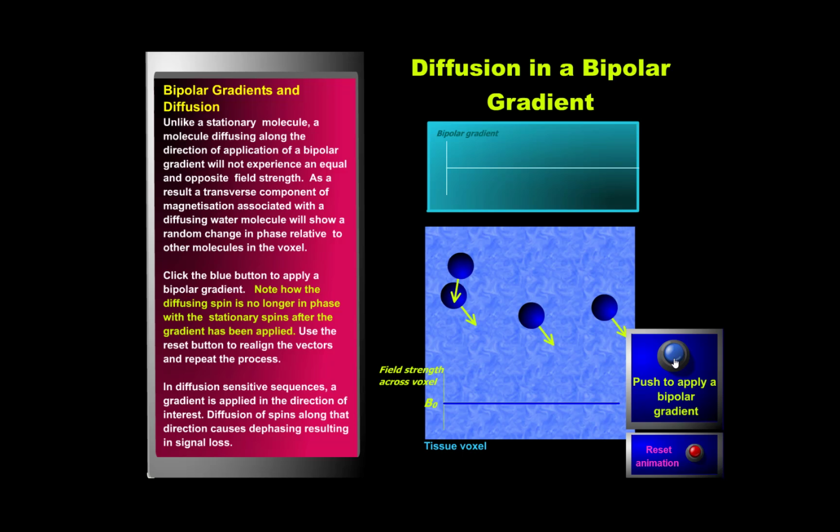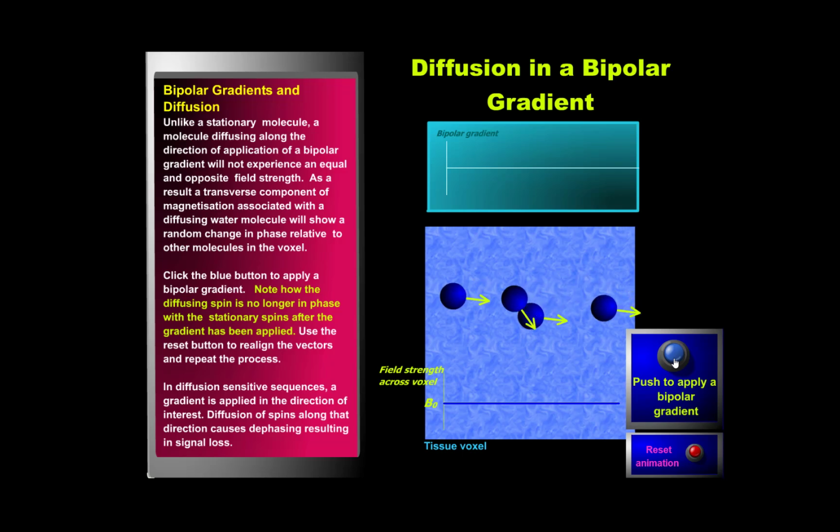So the more diffusing spins you have, the more the transverse components are going to be out of step because of the bipolar gradient. And if they're more out of step, that means we're going to have reduced signal from those diffusing spins.